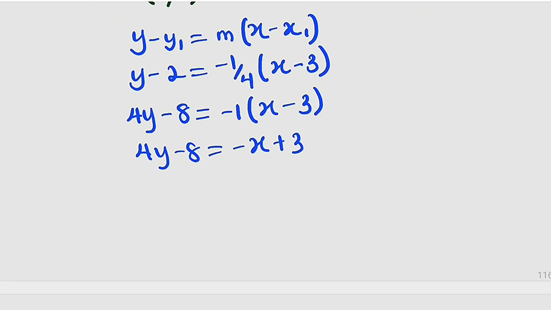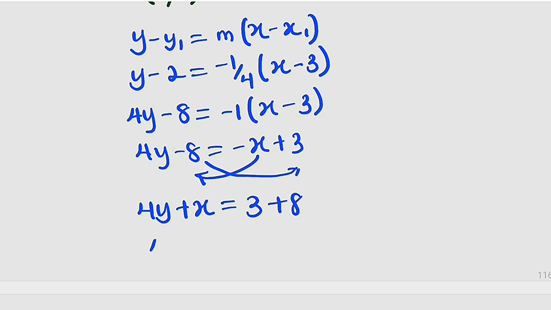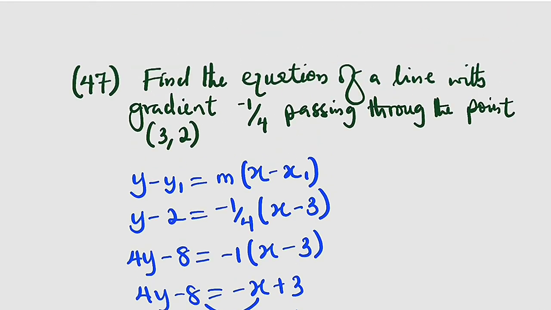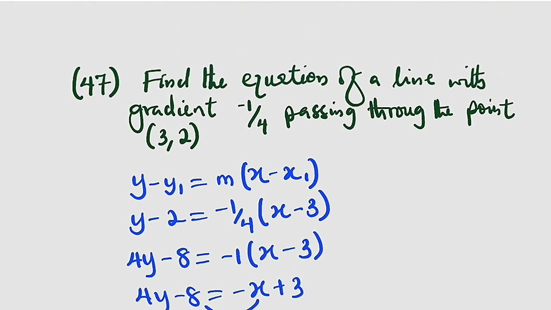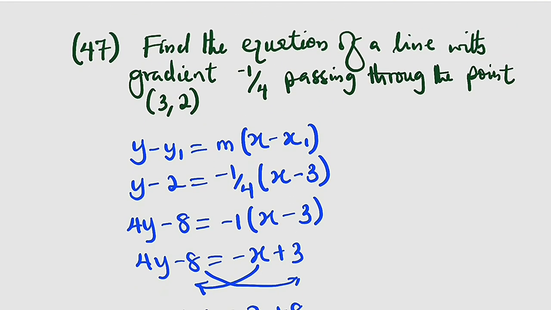All right, I would like to take this one to the left and take this to the right. We have 4y, and as -x crosses over, it becomes +x, equals 3. As this crosses over, it becomes positive as well. So this is 4y plus x equals 11. And this is said to be the equation of that line that passes through the point 3, 2 with a gradient of -1 divided by 4.